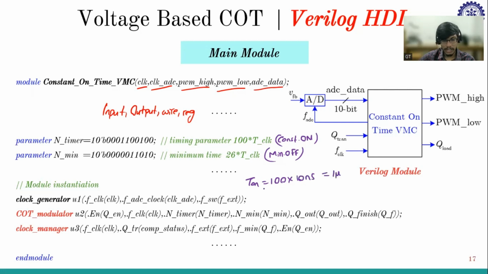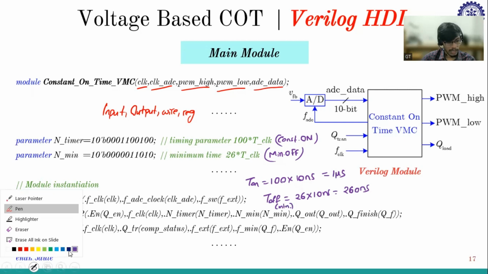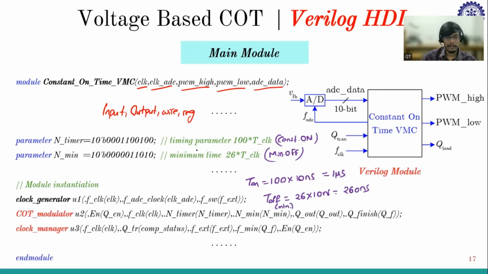And T off is 26 into T clock of 10 nanoseconds, so 260 nanoseconds. This is the on time, and this is T off, meaning the minimum T off. That is set in the code itself. Again, it is user choice: what constant on time you want to fix and what off time you want to fix.